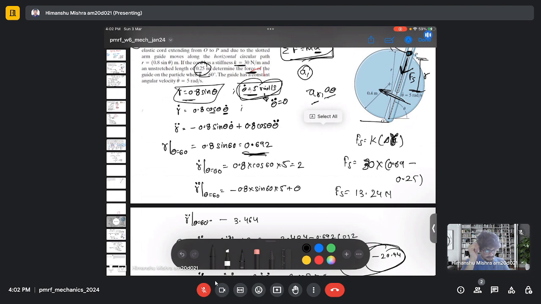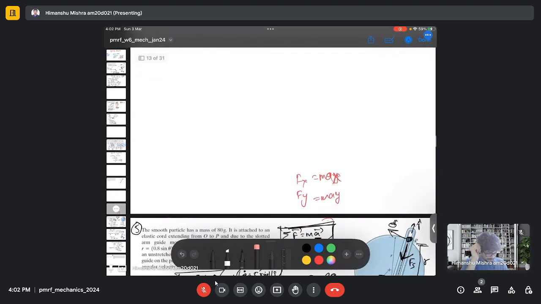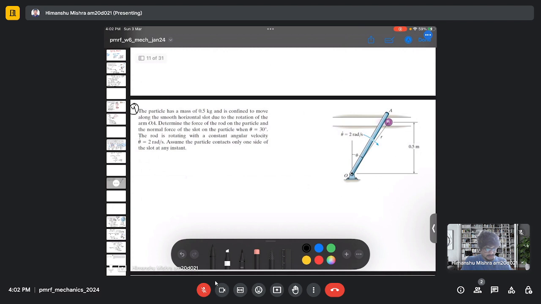So now let's move to the fourth question here. Even in the fourth question the concept is pretty much the same. It's just mathematically more involved. So here we are given a particle which has a mass of 0.5 kg and is confined to move along the smooth horizontal slot due to the rotation of the arm OA.